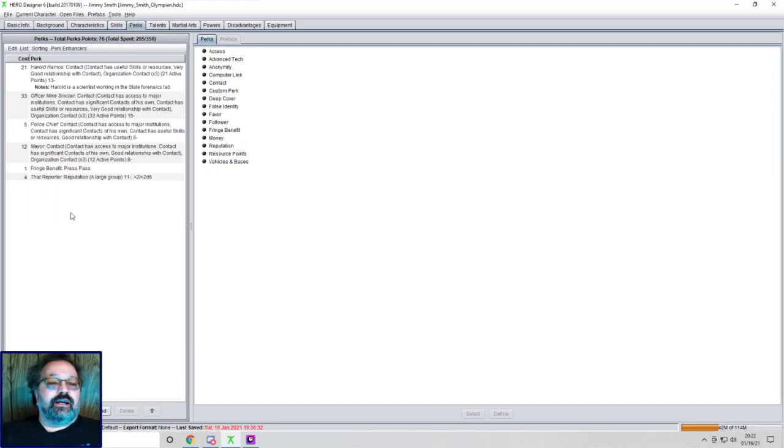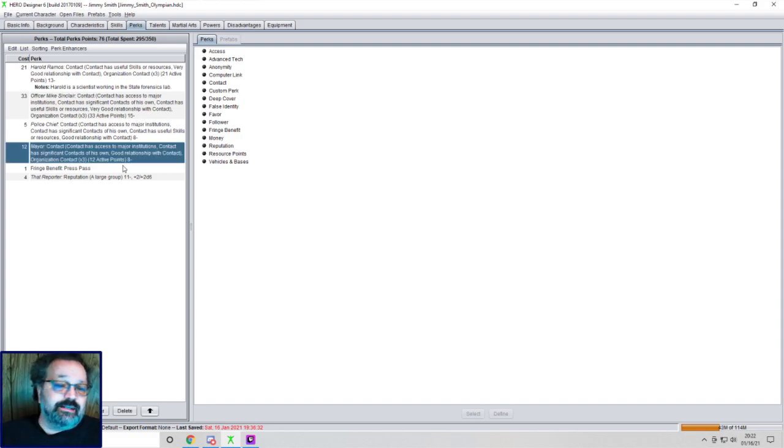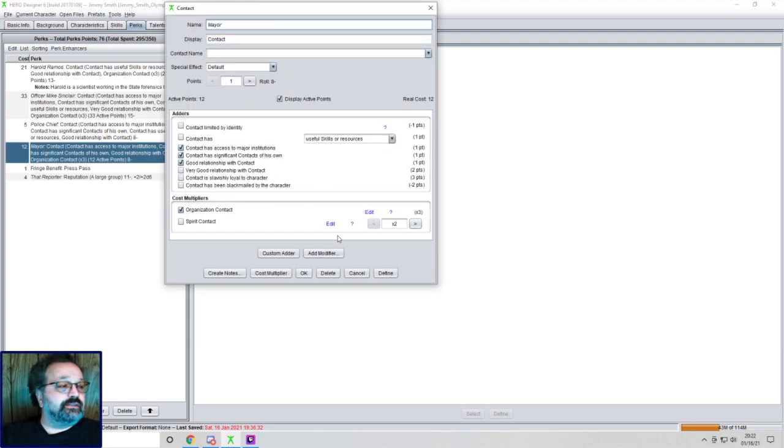On the perks, I also added him 4 fairly buff contacts. In particular, I put the mayor of the city that he's in, and I'll edit that so you can see how a contact is written up. But basically, it's the mayor of his base city. And in this form, he has the contact.